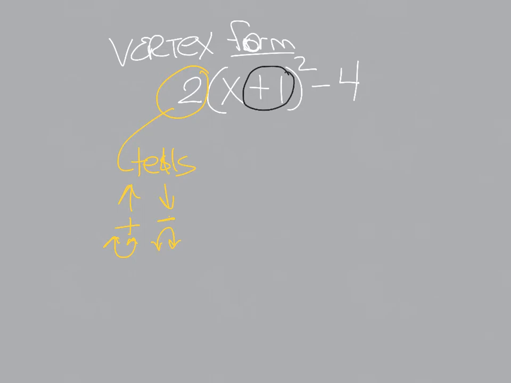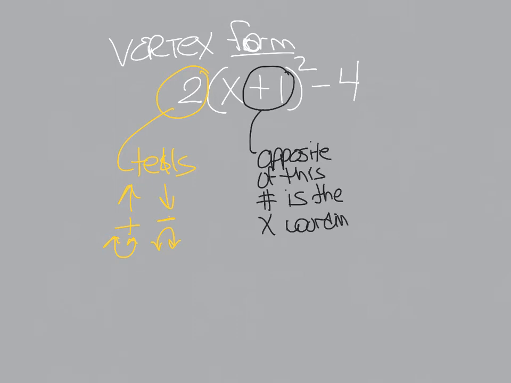This number, the opposite of this number, is the x coordinate in the vertex. All right, your vertex is the same thing as the minimum or maximum.